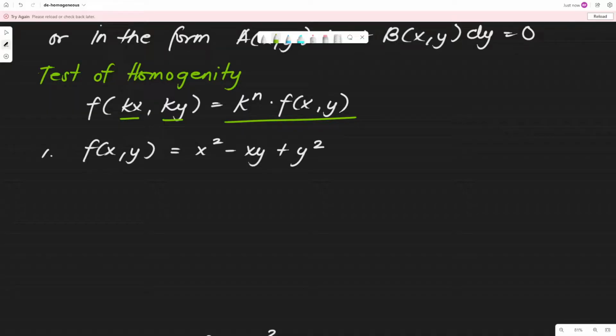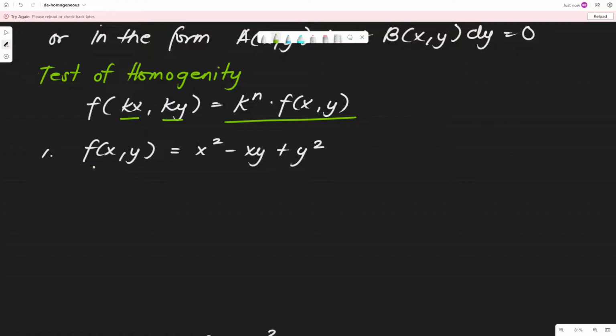That is how we test the homogeneity of a function, before we proceed with the solution to a homogeneous differential equation. So let's try, how do we do this test of homogeneity?